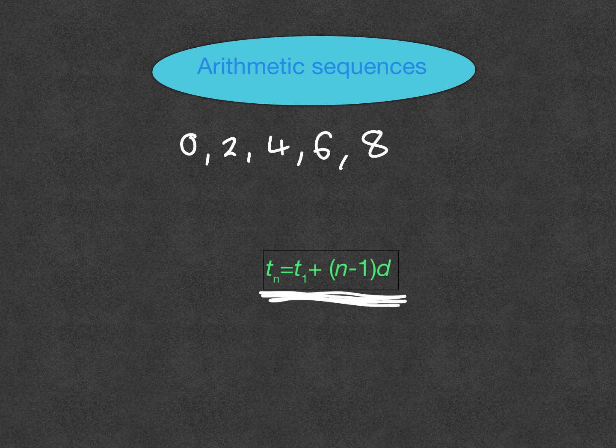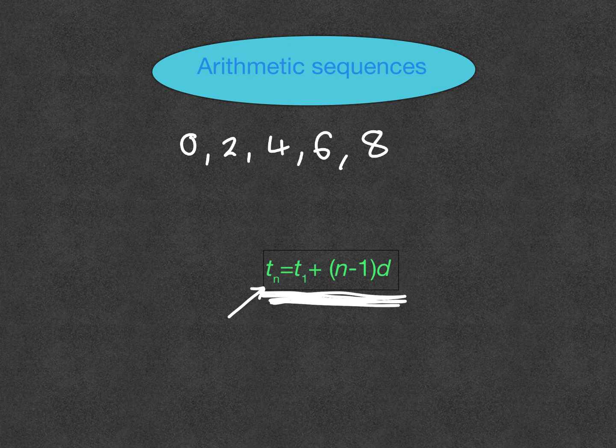So anytime we've got an arithmetic sequence, with a set difference between each number in the sequence, we can use this equation to describe what the sequence is. Again, we've got some terminology here. Now this t_n just means the term number in the sequence. So we can use this equation to work out what any number is in this arithmetic sequence.